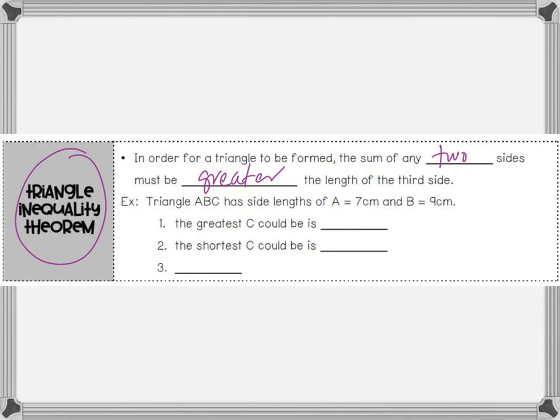For example, if you have a side that is 4 inches, a side that is 7 inches, and a side that is 9 inches, you would add 4 and 7 together, which gives you 11, and then ask yourself, is 11 greater than 9, which is the third side? And you would say yes.